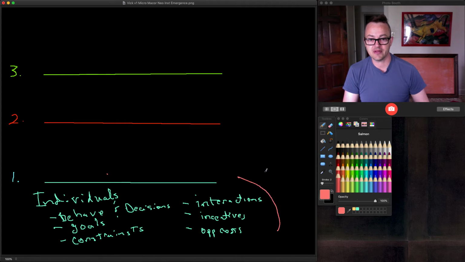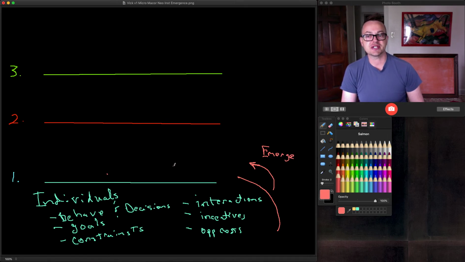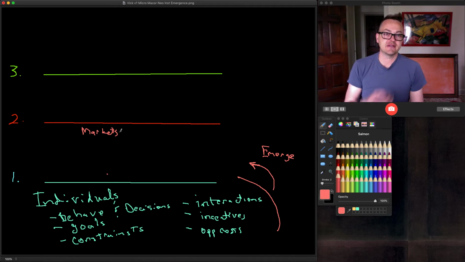So all these individuals interacting, what you get from that is the emergence of a new level. And what is this new level that emerges out of individual behavior? Well, the new level is that of markets. Okay? So markets emerge out of this individual behavior.